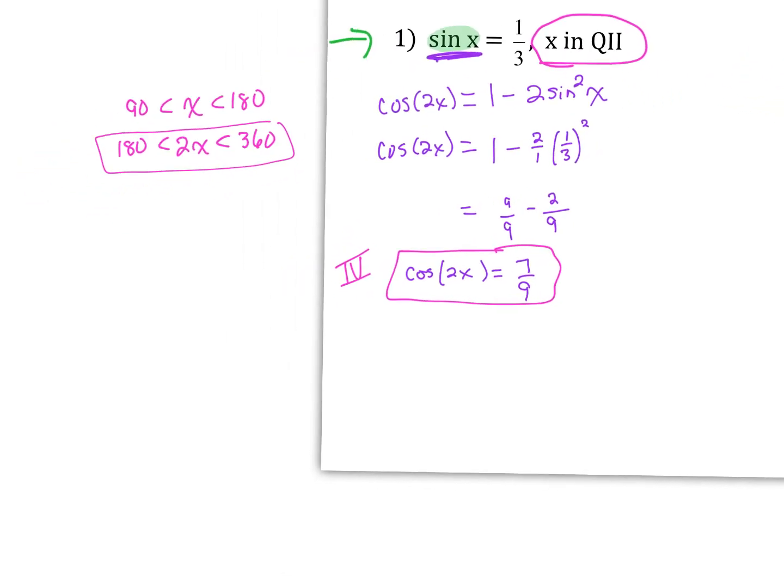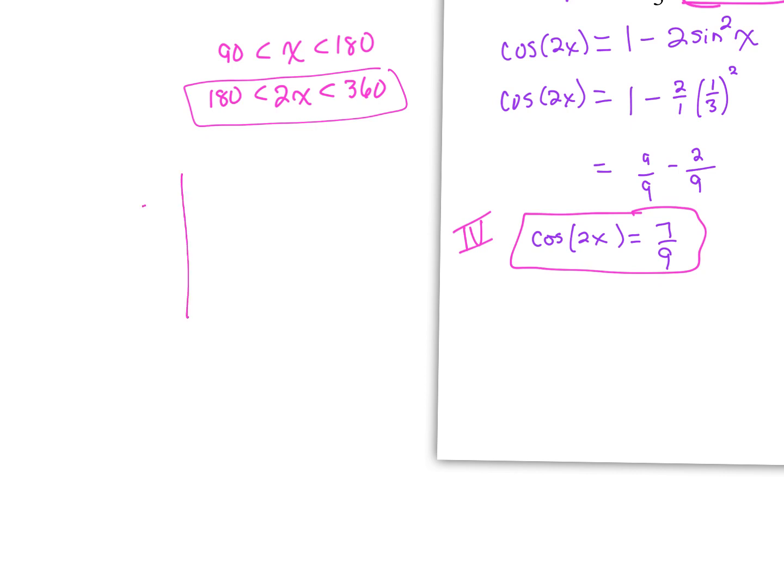Okay, so let's draw our triangle. So my double angle here. So my cosine, which is adjacent over hypotenuse. And I'm going to figure out my sine and my cosine and my tangent.